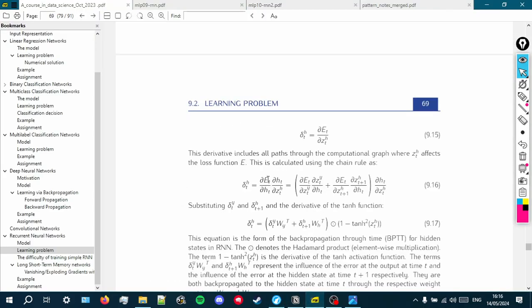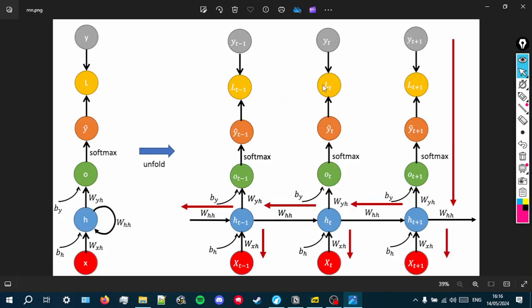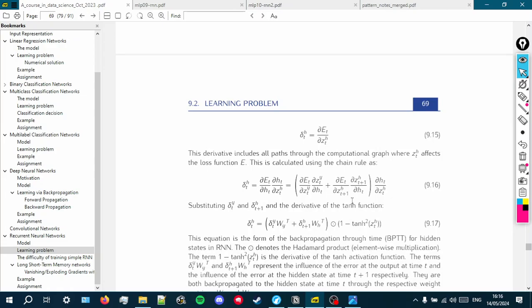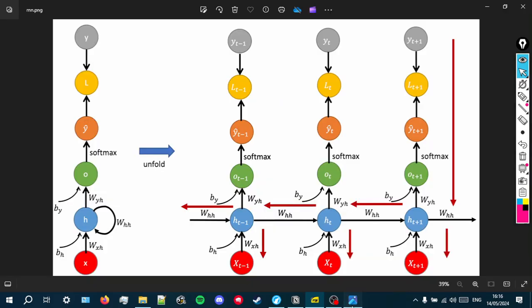So E over h and h over z, we're going to have our own outputs: E over zy and zy over h. That's going to be our own output at the time step that we're at right now. And there's also going to be the time step ahead of us. So the zh at t plus 1 was influenced by this h of t, since that zh plus 1 was a result of this weight times this hidden state plus a bias.